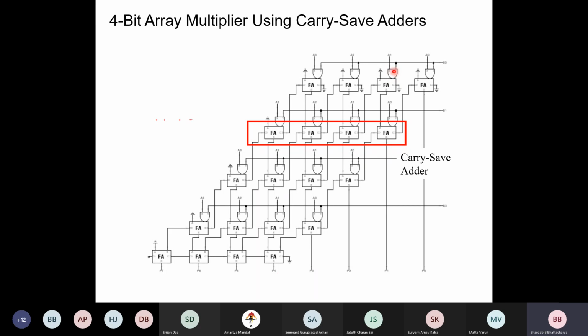These are the arrays of AND gates which are producing the partial products, and these AND gates are fed with the bits from the multiplier and the multiplicand. And if you look at these full adder blocks, see this horizontal flow of signal that is broken now. So they are not operating as a ripple carry adder, right? Instead, the signal flows in a diagonal direction like this.